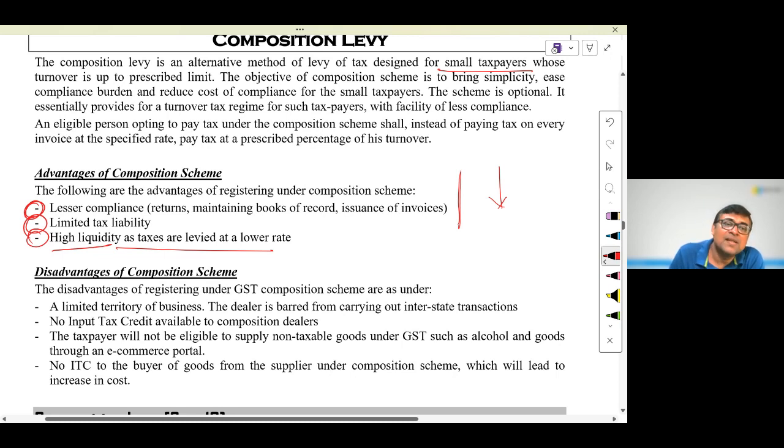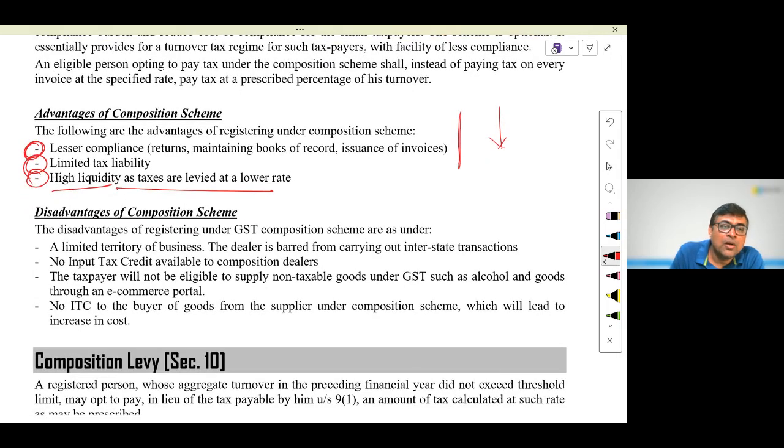What are the disadvantages? You are not entitled for ITC on your purchase. If you are a composition dealer, a dealer under this scheme, you are not entitled for ITC on your acquisition. You cannot supply interstate. That means you are supposed to make intrastate sale only.